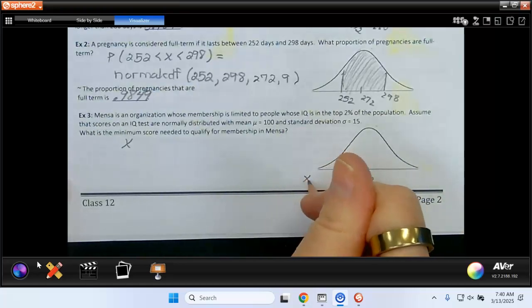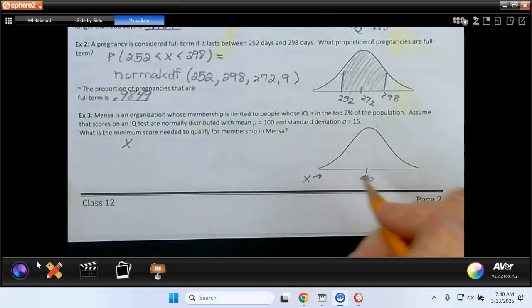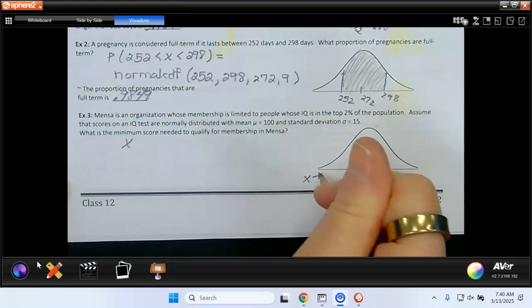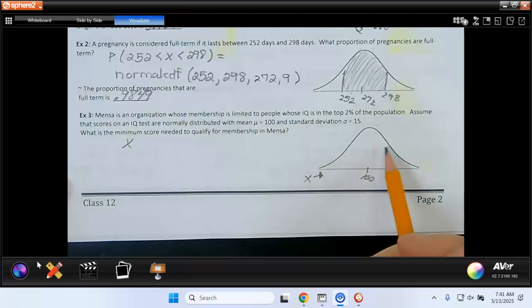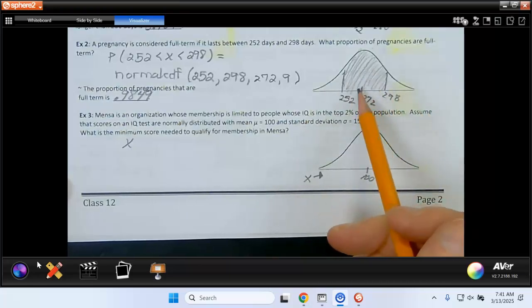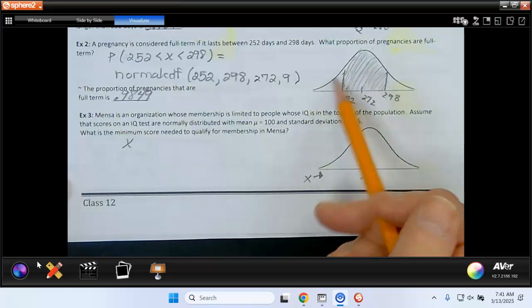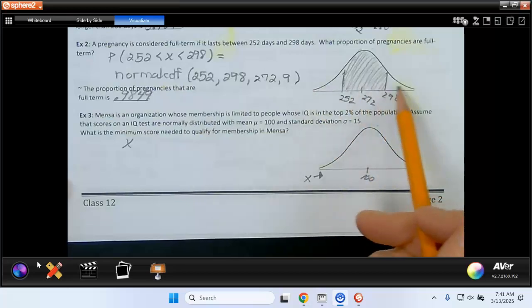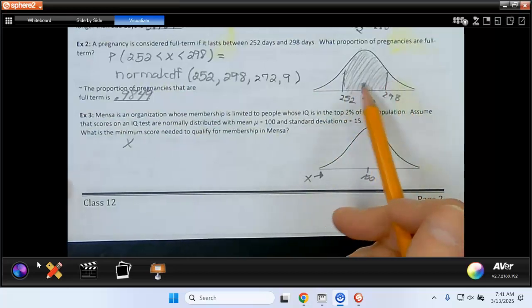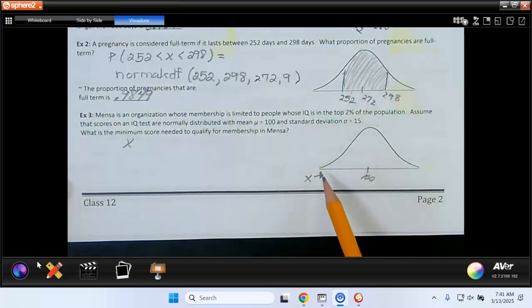When they're asking for a score, whether it be just a point or a z-score, we're talking about the numbers on the bottom. We are not talking about the shaded region, which is your area, proportion, probability, p-value. That's all that shaded area up here. This number up here is always going to be between 0 and 1. The numbers down here could be anybody's guess.